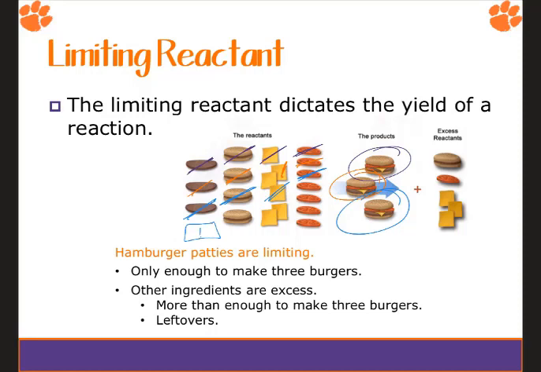Here, your patty would be your limiting reactant. You're going to run out of it first, and now you can't make any more burgers, unless you make this into some kind of weird grilled cheese thing, but it's no longer a burger. So our hamburger patties are our limiting reactant, and everything left over is one hamburger bun, three pieces of cheese, and four slices of tomato.